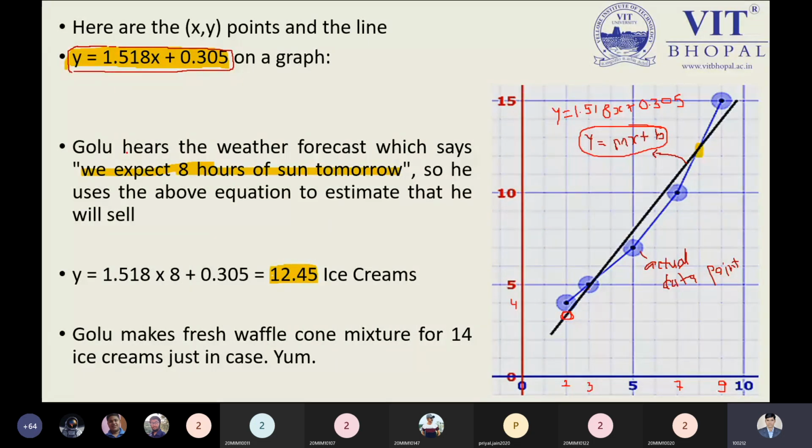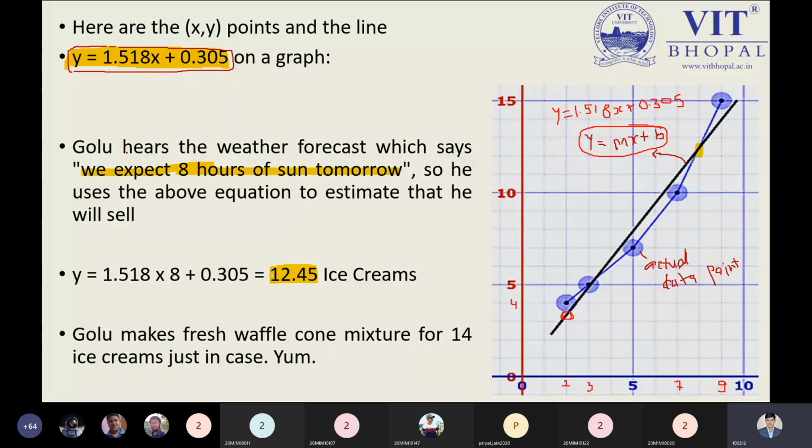He can expect to sell at least 12 to 13 ice creams based on our input. So Golu makes a fresh waffle cone mixture for 14 ice creams, just in case.